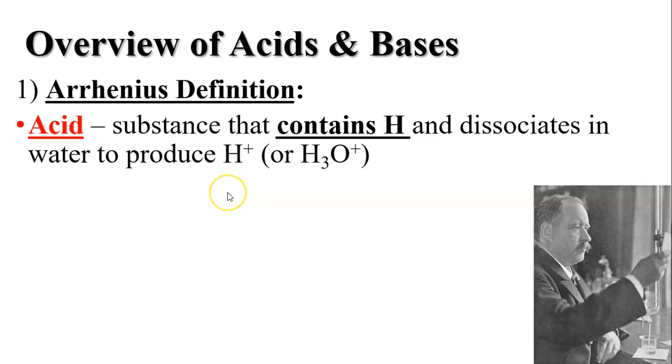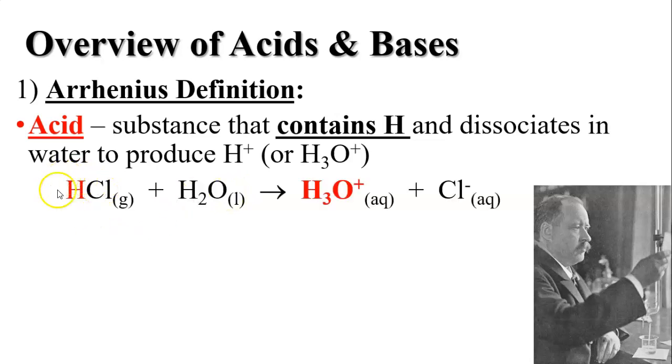So an example of that right here, you've got hydrochloric acid. So HCl, when you mix it with water, it will let go of its H plus and its Cl minus. Okay? Now where's the H plus? It just got stuck on the H2O. So that's why Arrhenius says that this chemical would be considered an acid. It starts with an H and it lets it go.